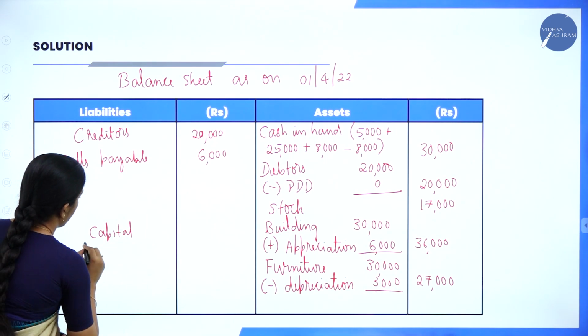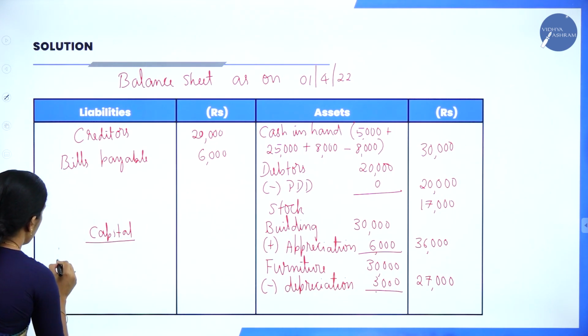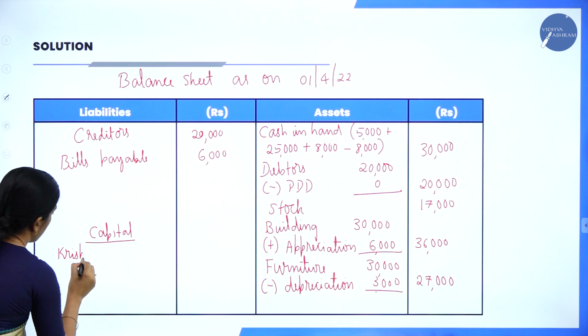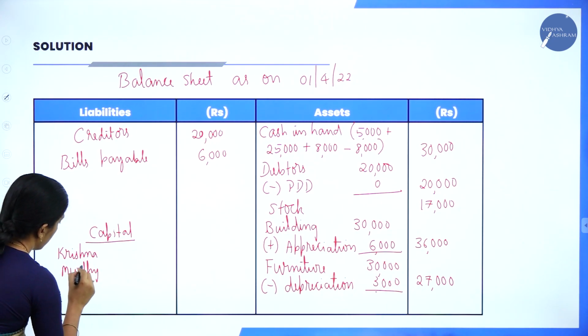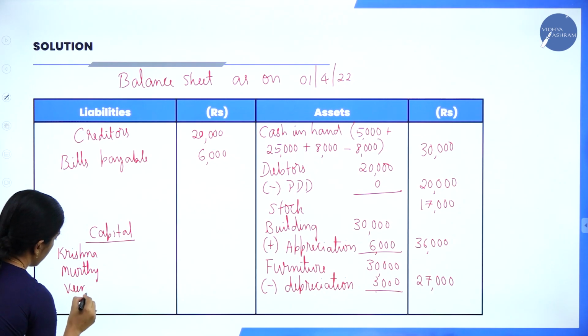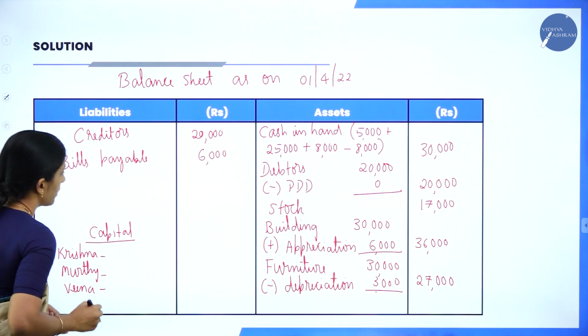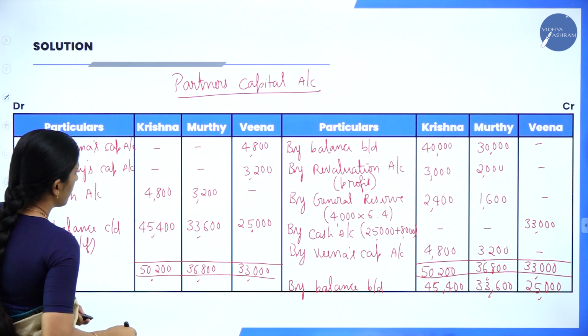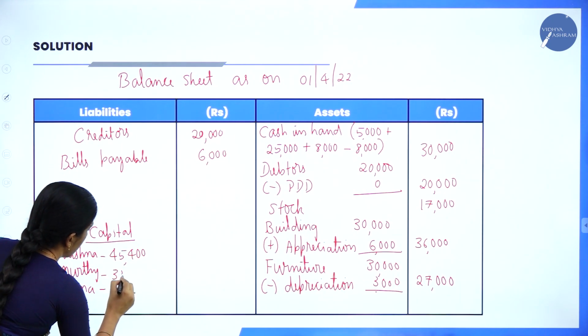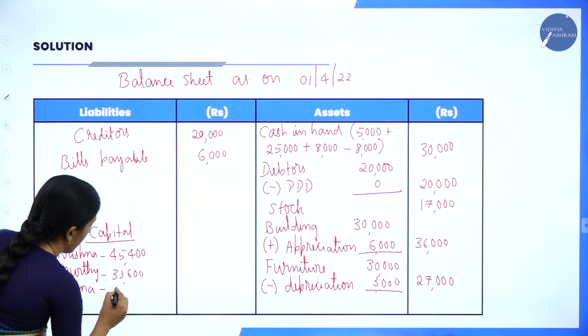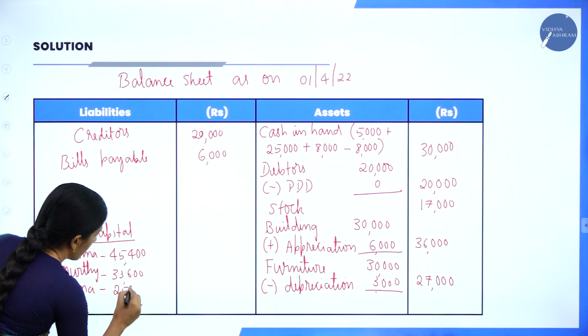Now who are the partners? Krishna, Murthy and Veena. So let us take this capital. 45,400, 33,600 and 25,000.